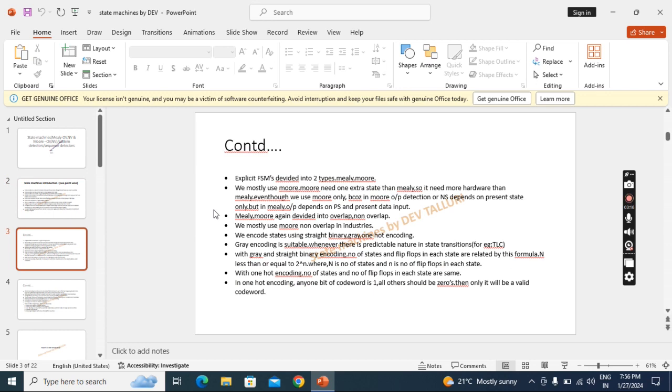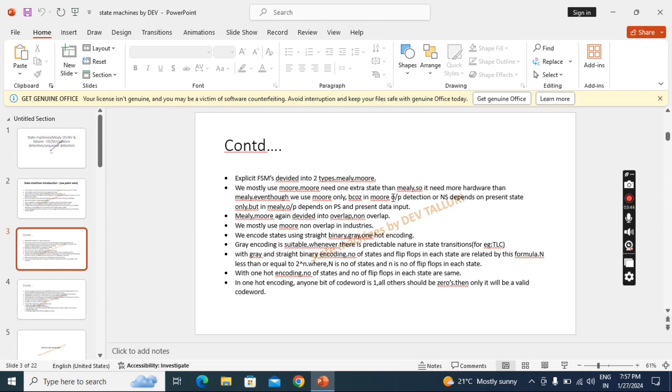Next, this explicit state machine is again divided into two types: Mealy and Moore. We mostly use Moore. Moore needs one extra state compared to Mealy for the same pattern. It means it needs more hardware. Even though Moore needs more hardware, we use Moore only.